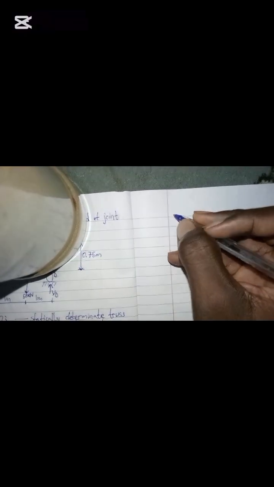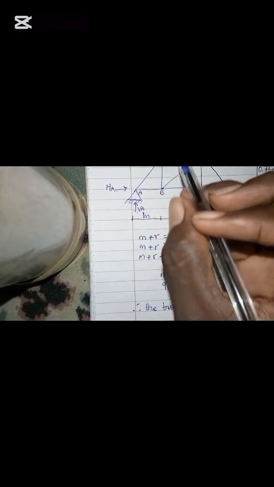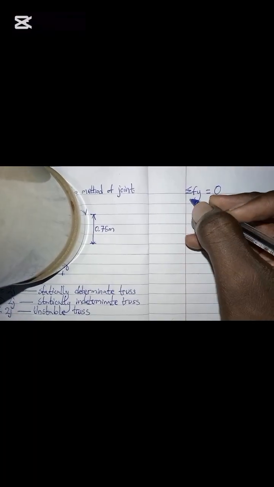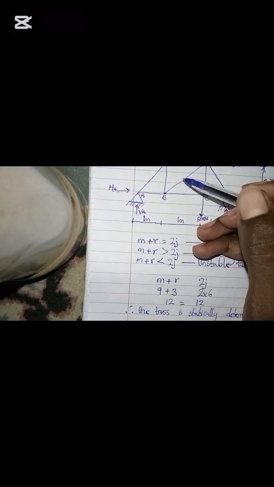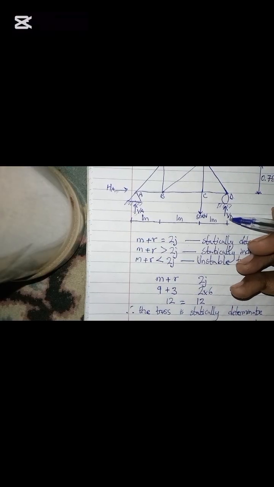So that is it. Now we find the sum of forces along the y-axis equal to 0. We are going to have VA, which is pointing upwards, and VD, which is also pointing upwards, so plus VD.